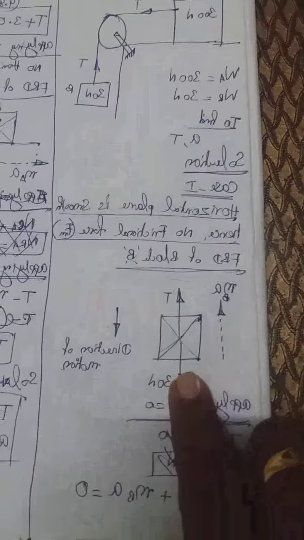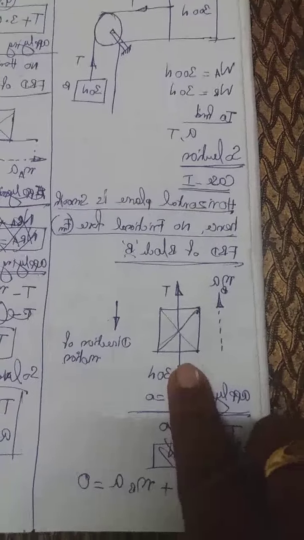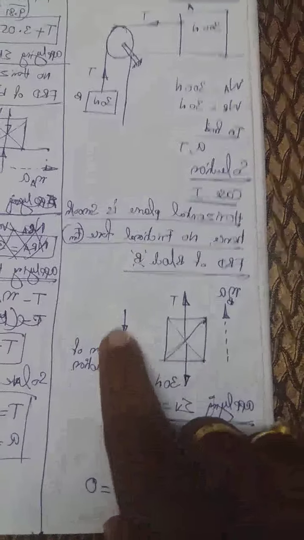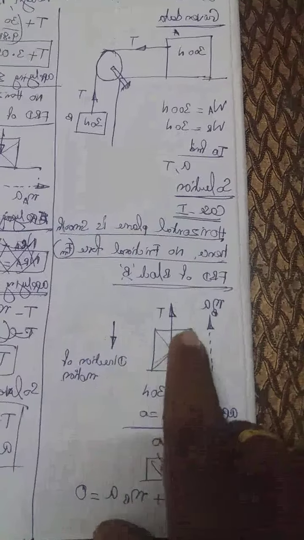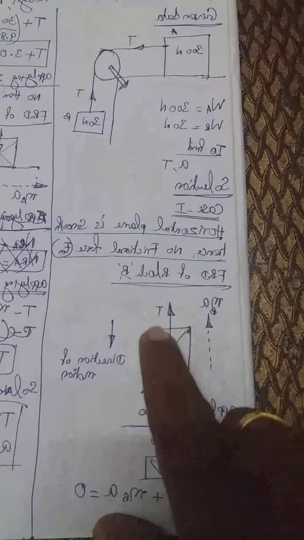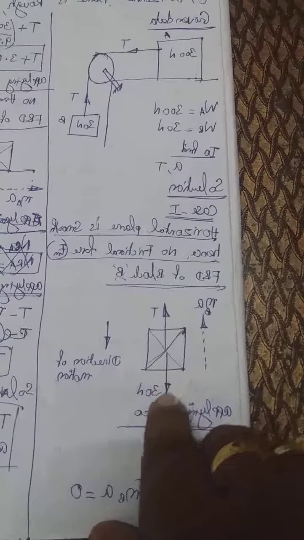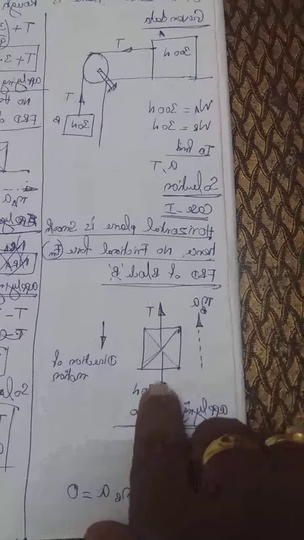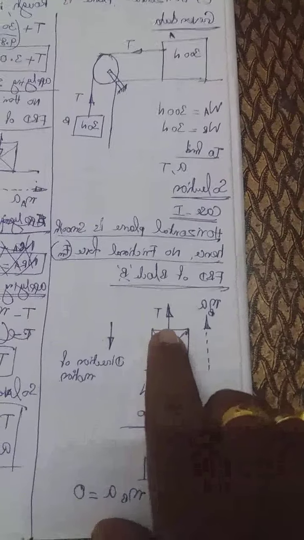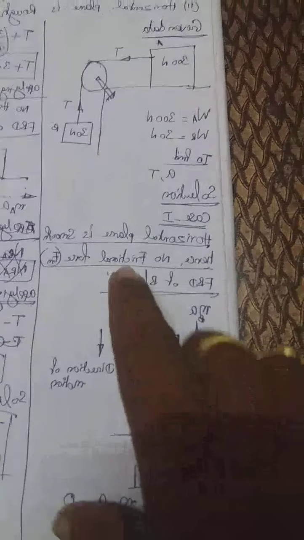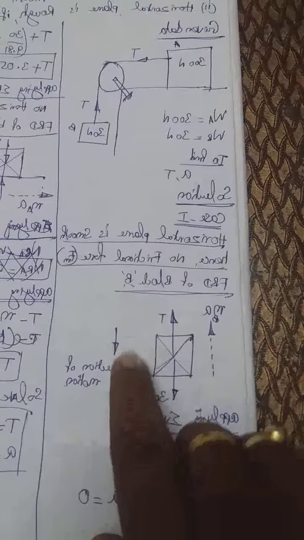So now I am going to draw the free body diagram of block B. The direction of motion is downwards. This is the free body diagram. The weight of the body is acting downwards. The tension T acts upwards.